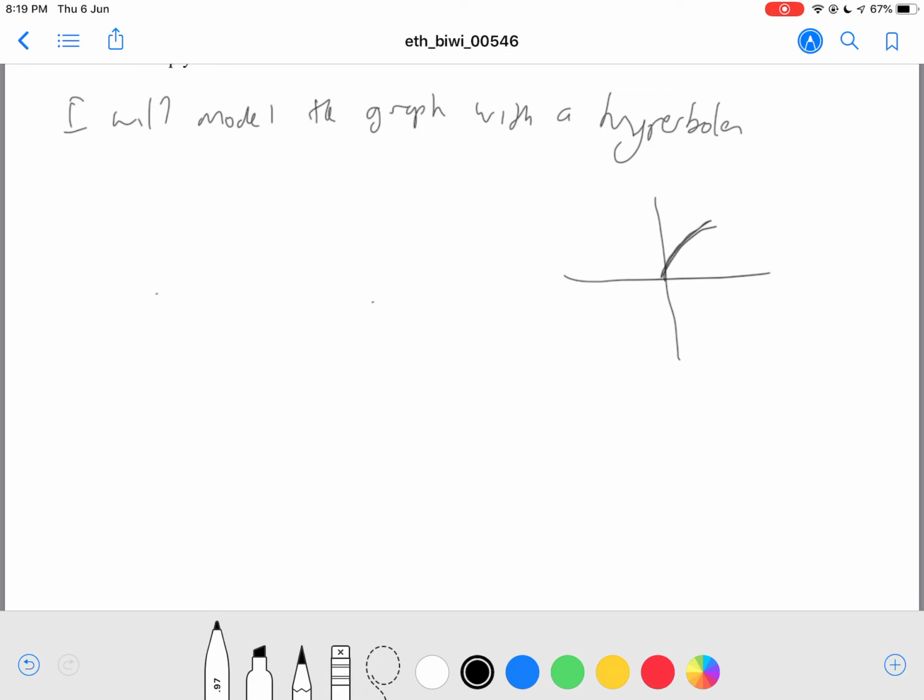Okay, so notice if we kept continuing the hyperbola, it should look something like this. We don't know what the asymptote is, but take a rough guess.